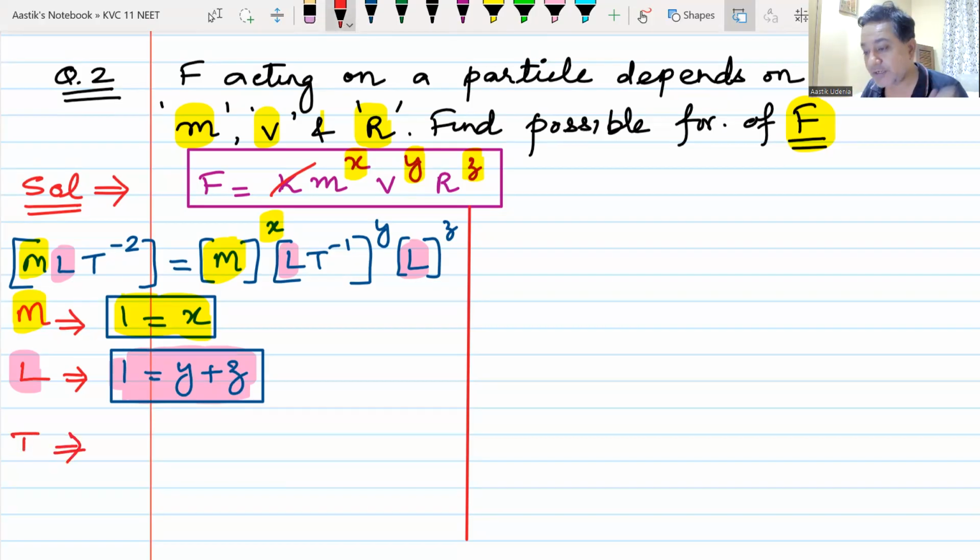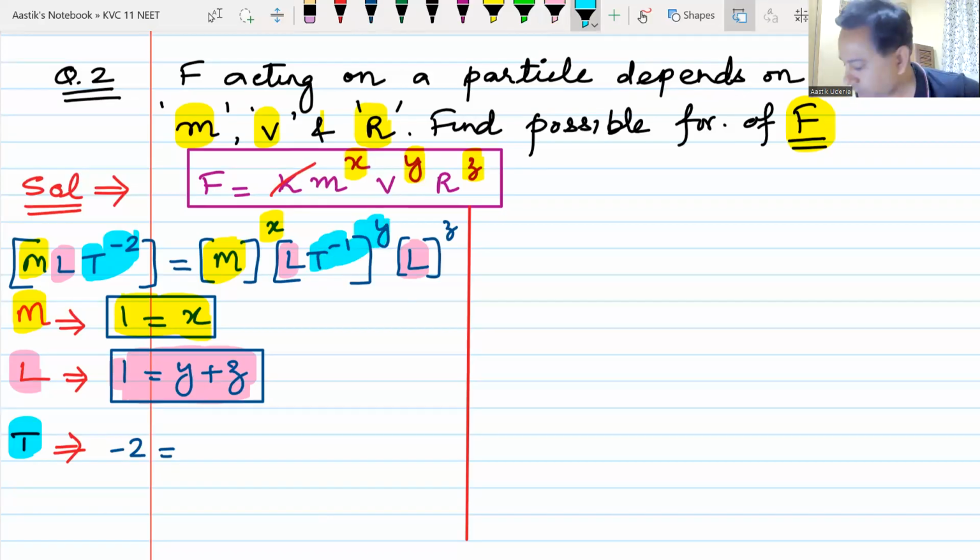T. Equating the coefficients of T. Left hand side, my dear friends, -2. Okay, the universe is beautiful. Well done. -2 equates. Right hand side, my dear friends, minus Y, minus Y, 1 5. Yes or no?